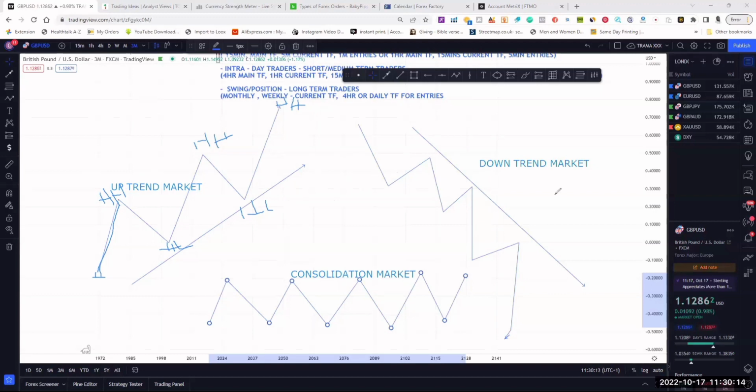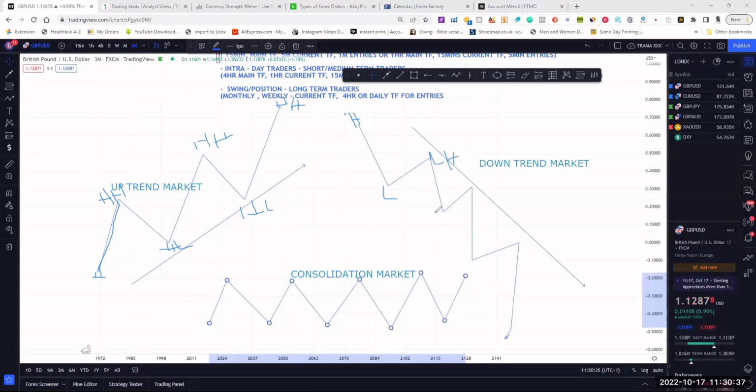Then in a downtrend it's the opposite. We have a market creating a high here, and then it creates a low. And the next thing is to push up to create what we call a lower high.